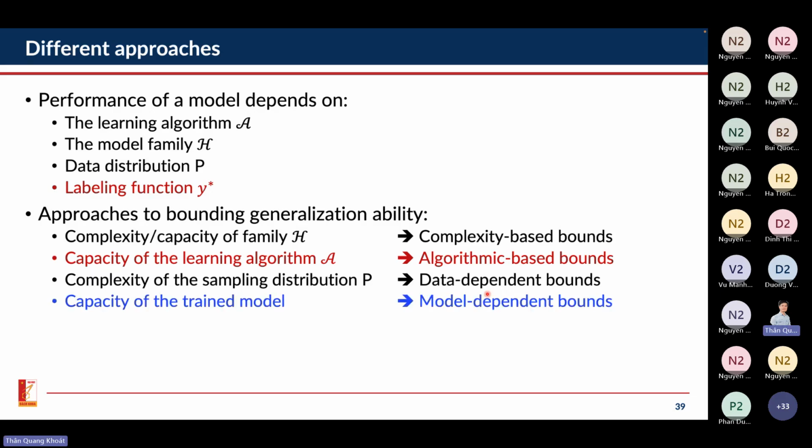But sometimes in practice, you want to analyze the error of your specific trained model, not the whole family, right? After training, you want to estimate its error to know its generalization ability. So in that case, you just focus on one specific model, and you are working with model-dependent bound, model-dependent analysis.